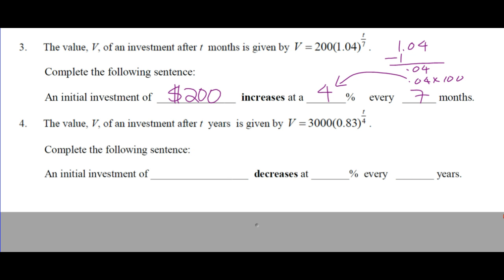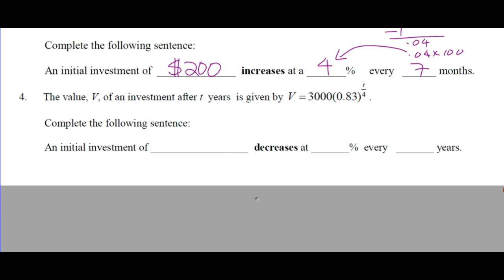The value V of an investment after T in years is given by V is equal to 3,000 times 0.83 to the T over 4. So my initial investment is 3,000, it decreases at a rate of 17.